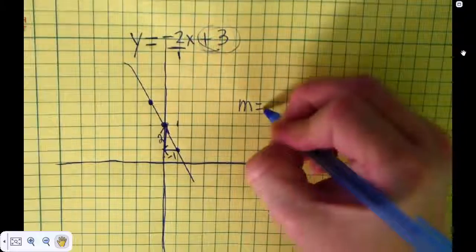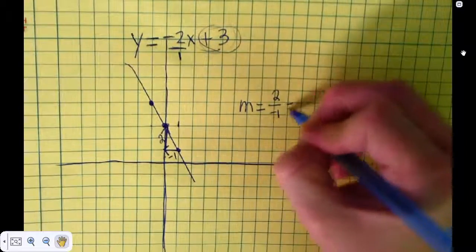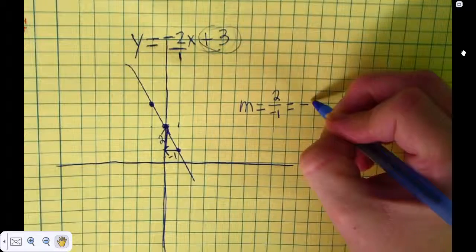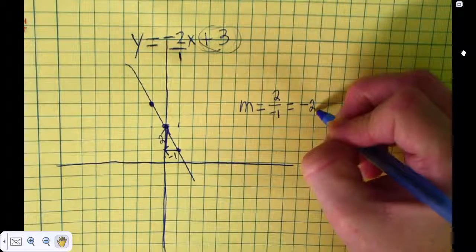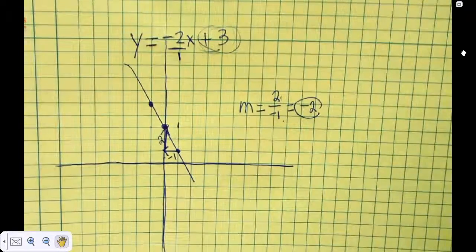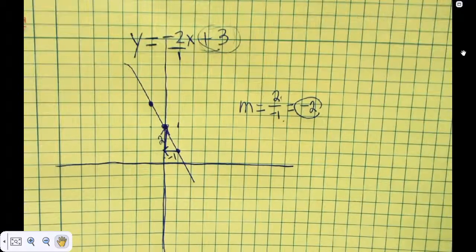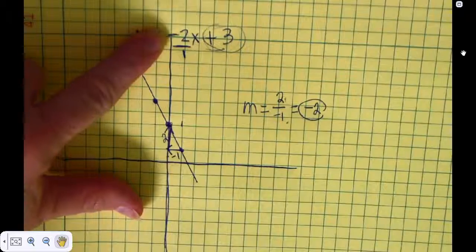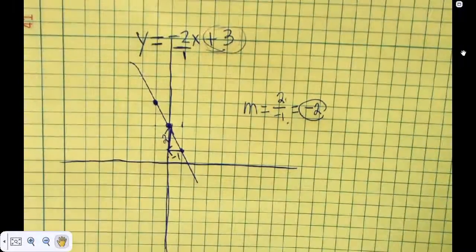So m equals 2 over -1, which equals what? Guys, what is 2 divided by 1? 2 divided by 1 is 2, and it's going to be -2. Isn't that what we started off with? -2.